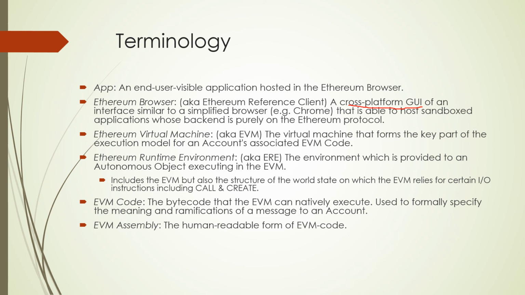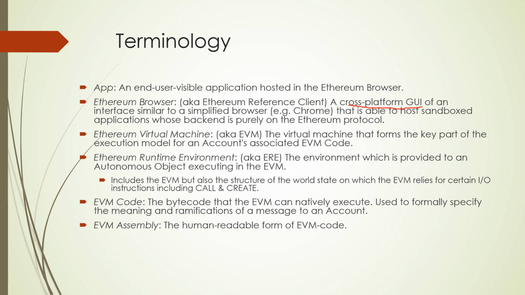And EVM code is basically the bytecode that the EVM can natively execute, just like the Java bytecode that the JVM can execute, or the intermediate language bytecode that the CLR can execute for .NET languages.